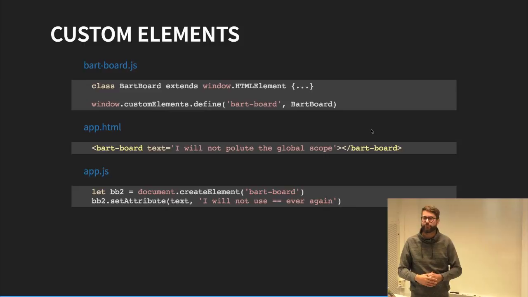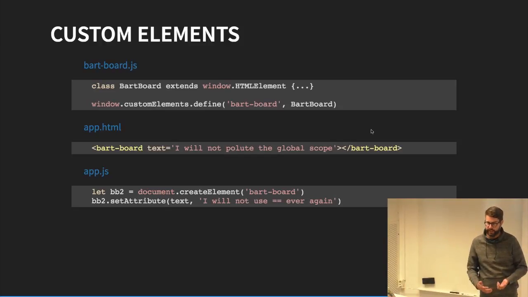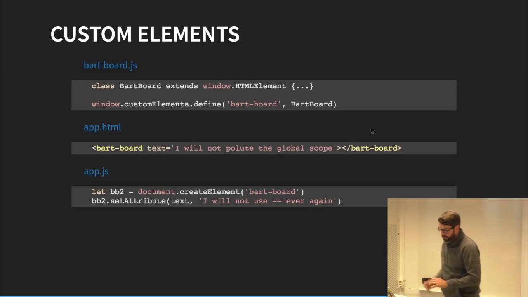So if Chrome, or if the standard, would like in the future to add a bartboard to the implementation in all browsers, because that has become a thing, then it will be named Bart and board as one word, bartboard, not with a dash in between, because dash means custom elements, no dash means built-in elements. So that's the distinction.